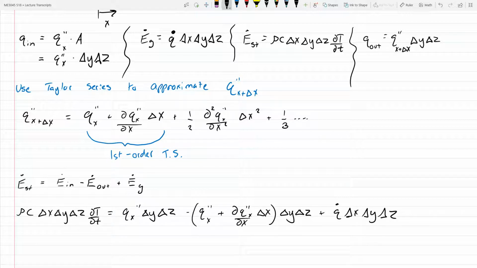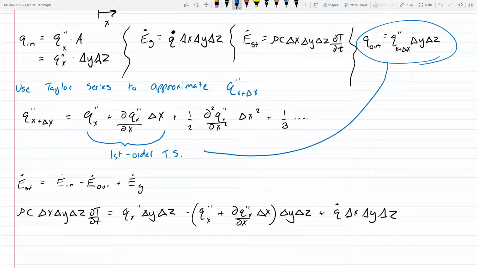So we've just taken those expressions with the first order Taylor series substitution made for our Q out term, and plugged them in.